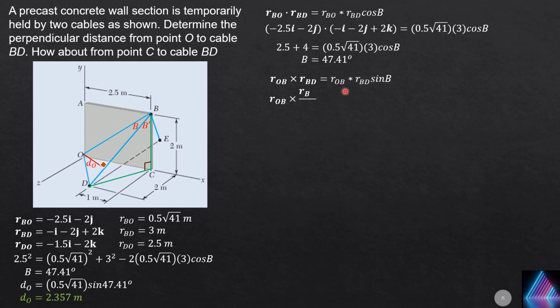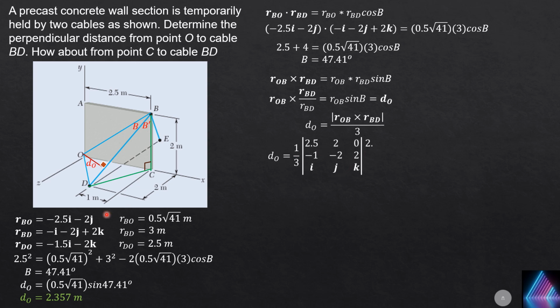So ROB cross RBD over the magnitude of RBD is ROB sine theta, and this is DO. It's boldface because it is a vector. So ROB is opposite to this, so 2.5i positive 2j. RBD is 3, so 1/3 of 2.5, 2, then 0. For RBD, it's the same, negative 1, negative 2, positive 2.